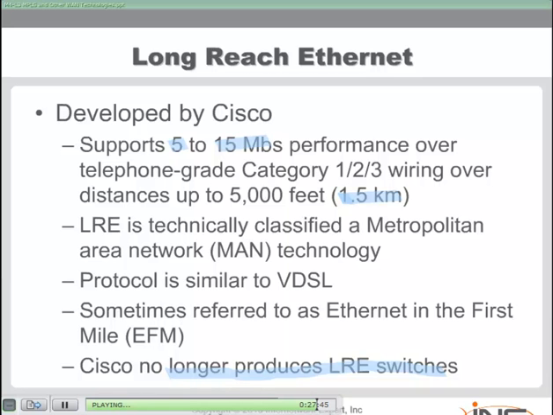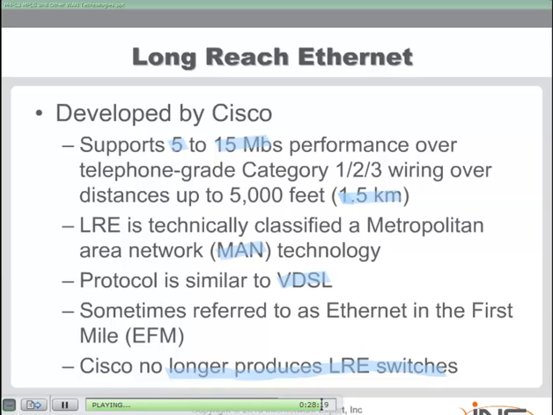Long-reach Ethernet is a MAN, or Metropolitan Area Network technology, that's very, very similar to VDSL. So this grew out of VDSL technologies. And by the way, sometimes you'll refer to this long-reach Ethernet as Ethernet in the first mile, or EFM. That was another term that was used for long-reach Ethernet.